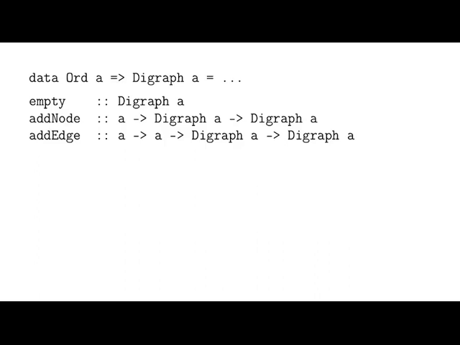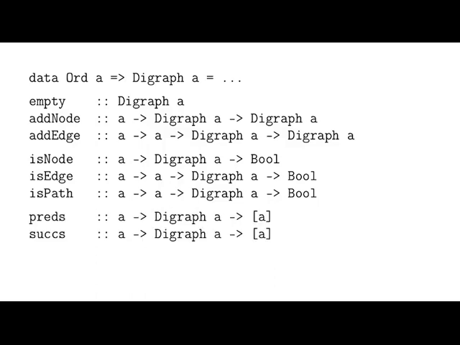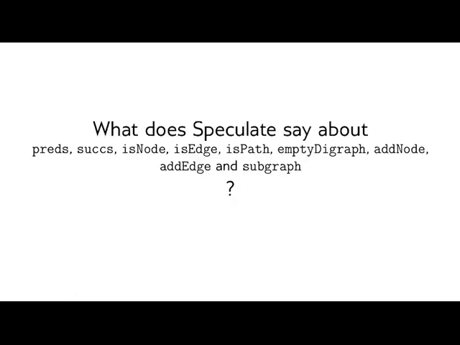We can add nodes, we can add edges. We can query whether there are edges, nodes, and paths. We can also query for lists of predecessors and successors of nodes. And we can also restrict the digraph, like finding a subgraph. And what does Speculate say about those functions?